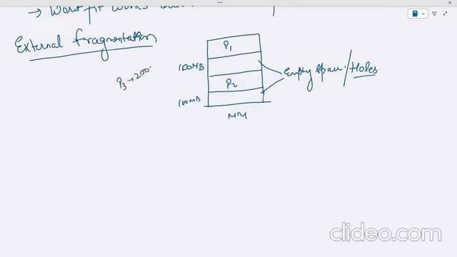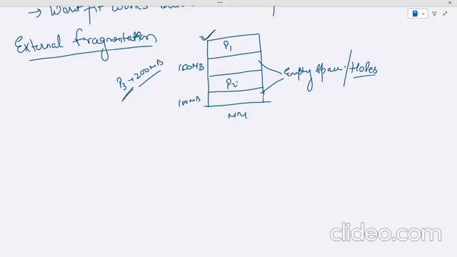P3 needs 200 MB of space. Does P3 get space in this main memory? Our answer is no, because this block is of size 150 and the last block is of size 100. So there is no block of size 200, and definitely P3 is not able to get the space.